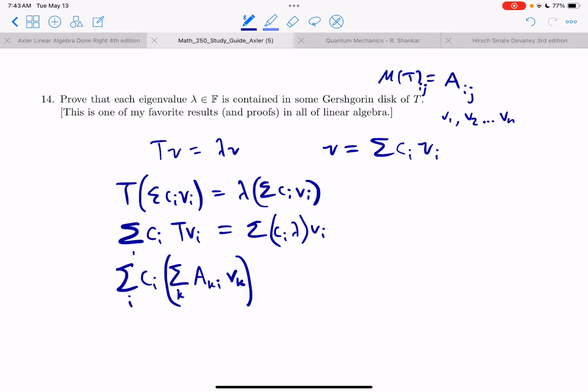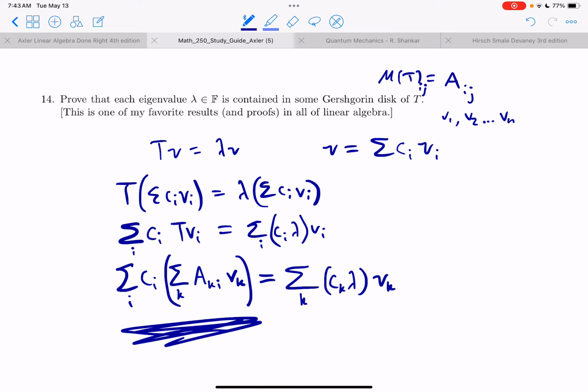This is the sum over i. And now what we're going to do here is rename the index, because we're going to collect terms of the kth factor over here. So we're just going to rename the summation index here as a sum over k of ck lambda times vk. And now let's collect the terms.